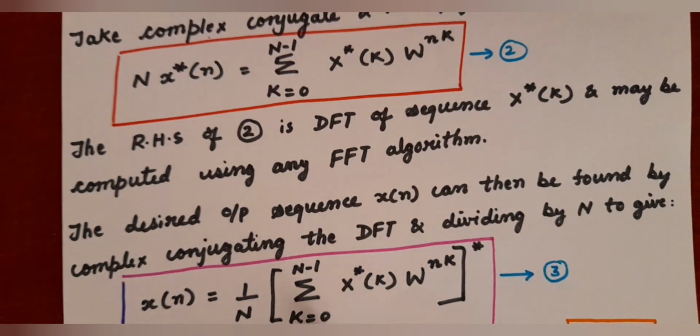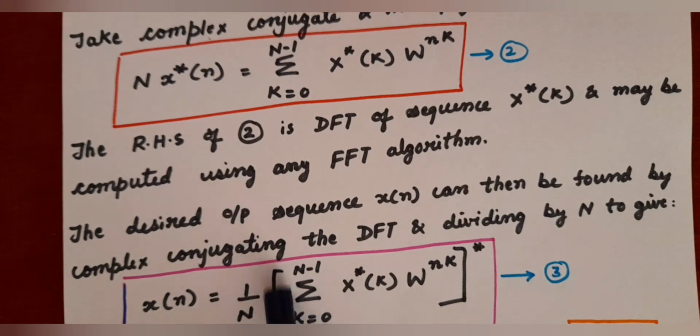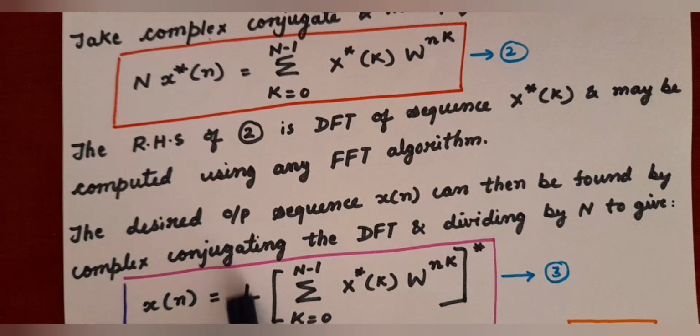So, what are you doing? You are doing the DFT. This part is a DFT of X star of k. First find the DFT of X star of k and then take the complex conjugate. Then divide by capital N, you will get x of n.